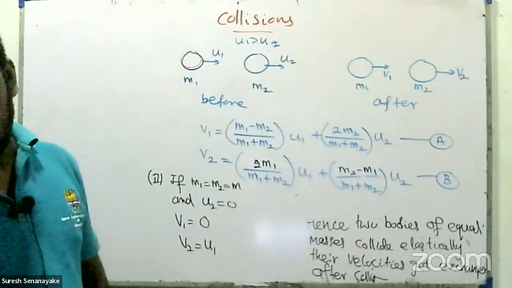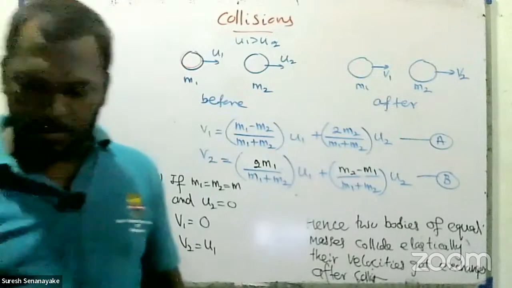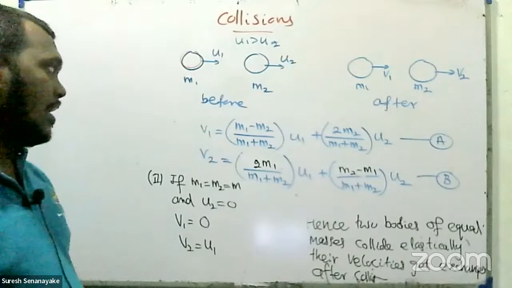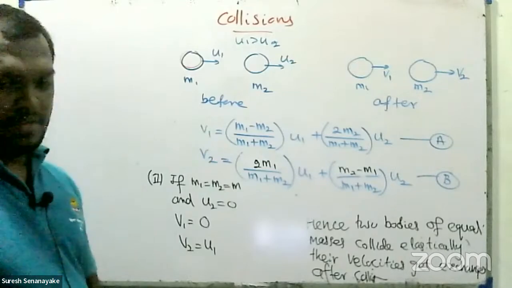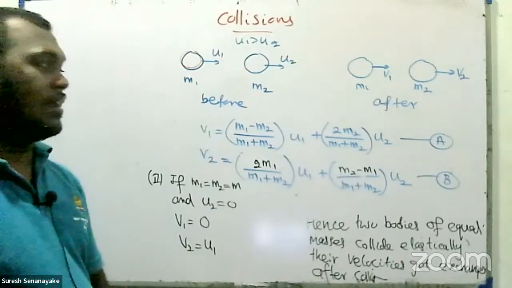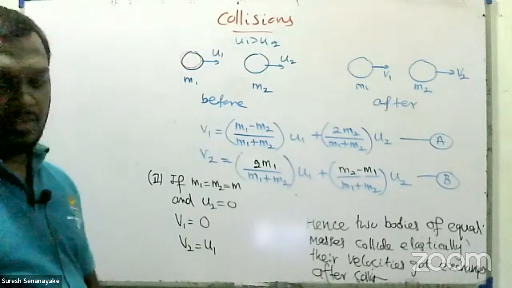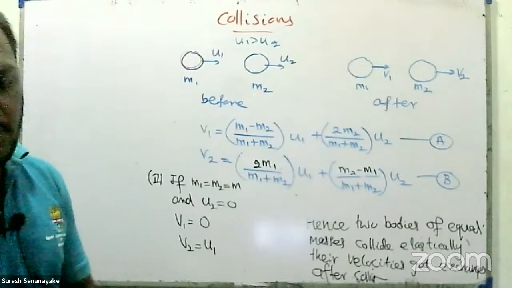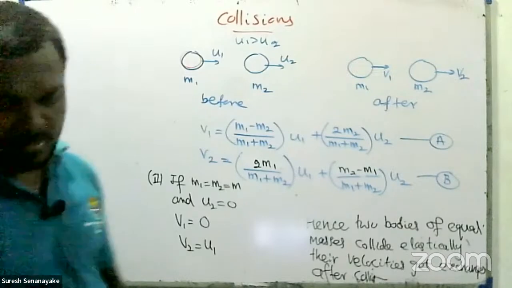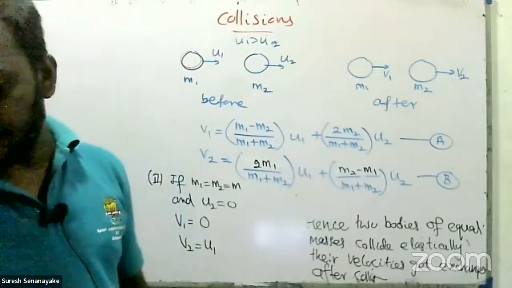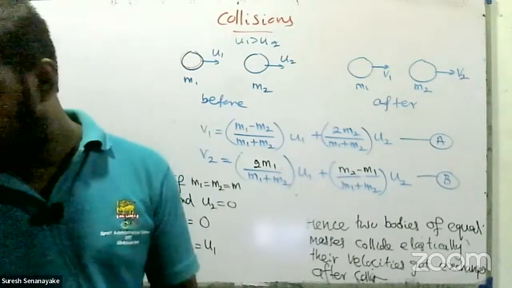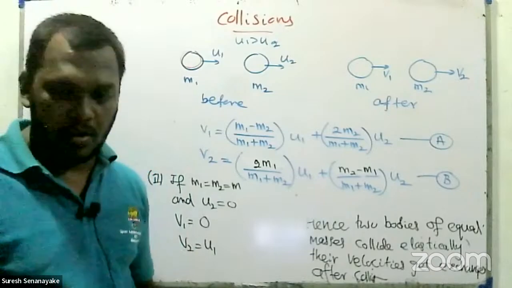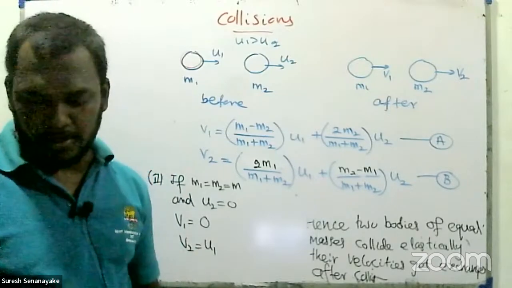You have to keep in mind that if a moving body collides with a stationary body of the same mass, the stationary body will move with the velocity of the initially moving body, and the moving body will be stopped.